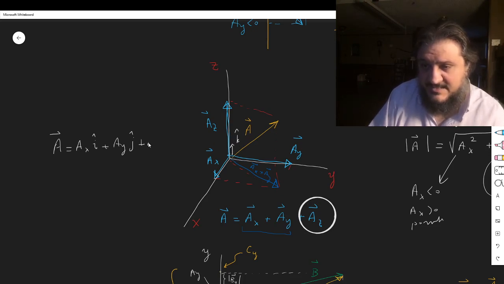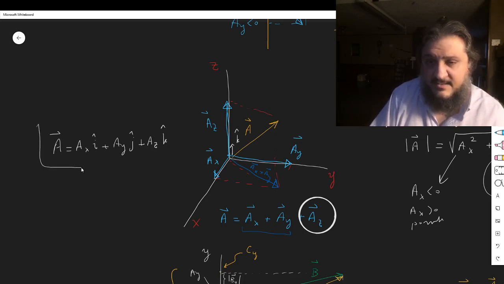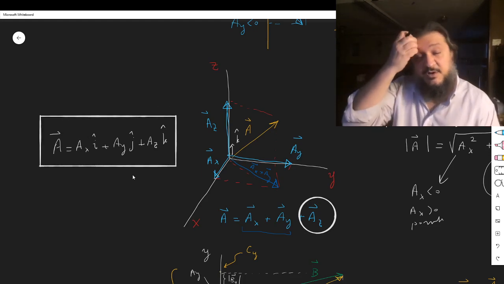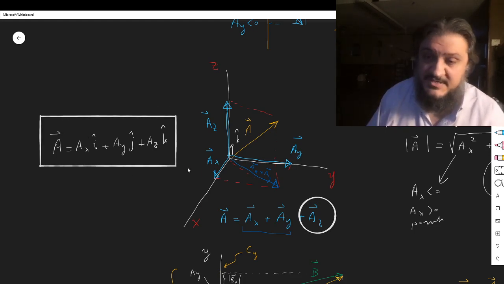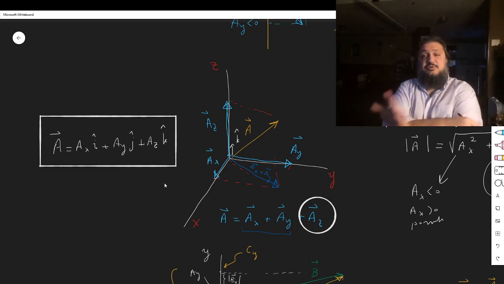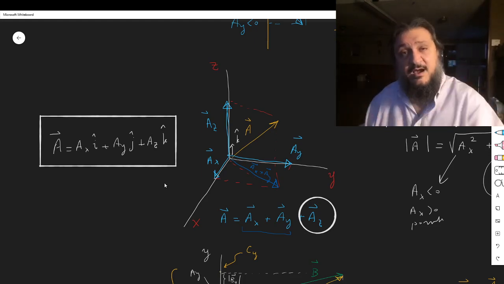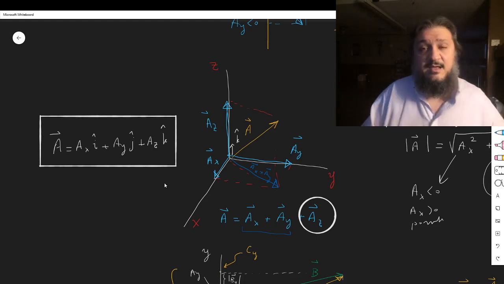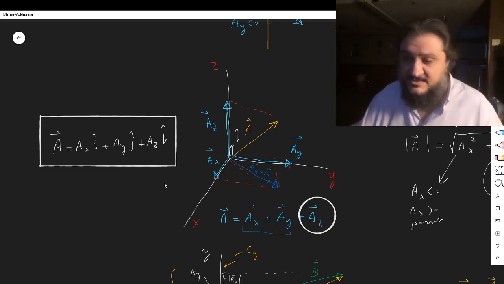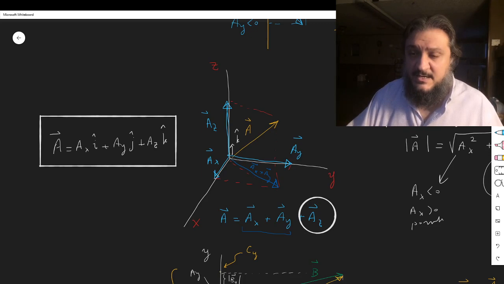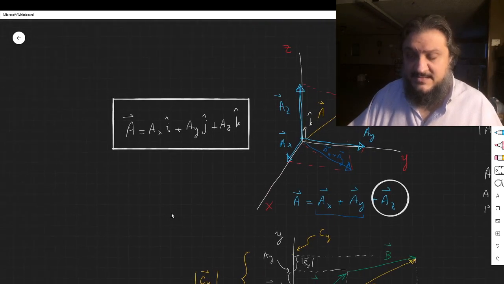So plus az times k hat. Any vector can be decomposed into its x, y, z components using the unit vectors. Now when you're doing algebra with these vectors, make sure you always carry i, j, k hats along with you. Never drop them, never lose them, otherwise you'll make a big mistake, okay?